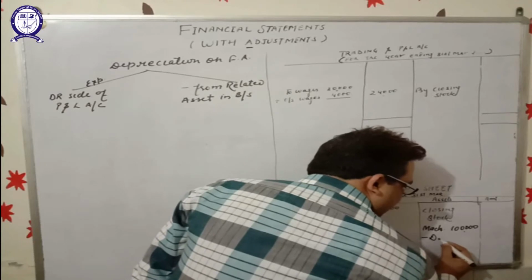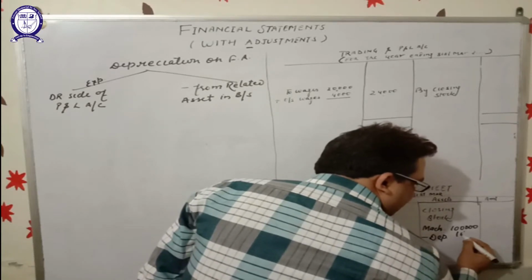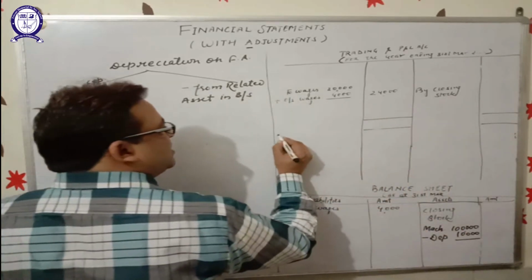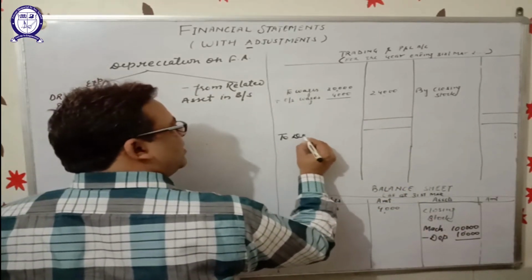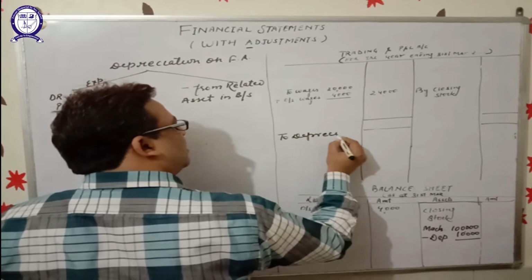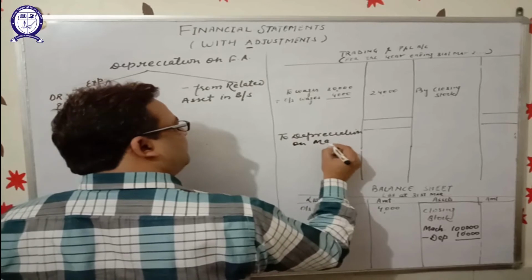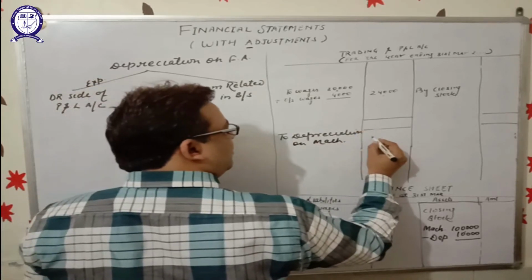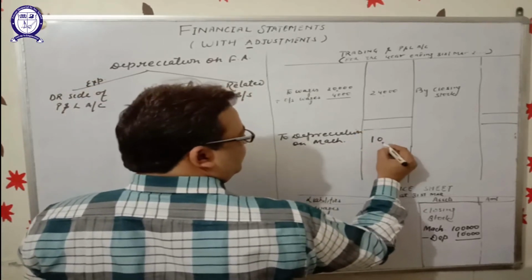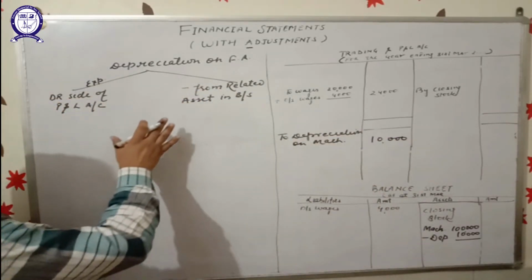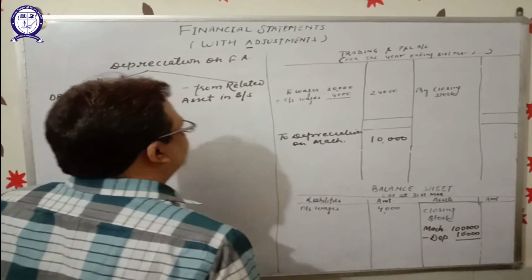Less depreciation, 10% of 1 lakh is 10,000, and second time this depreciation will be recorded here to depreciation on machinery, recorded in profit and loss account. So this is the adjustment for depreciation on fixed assets.